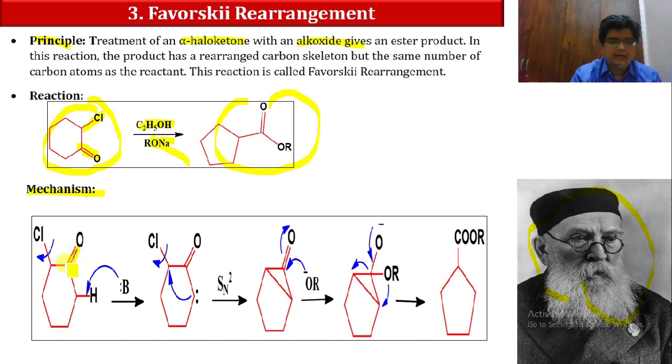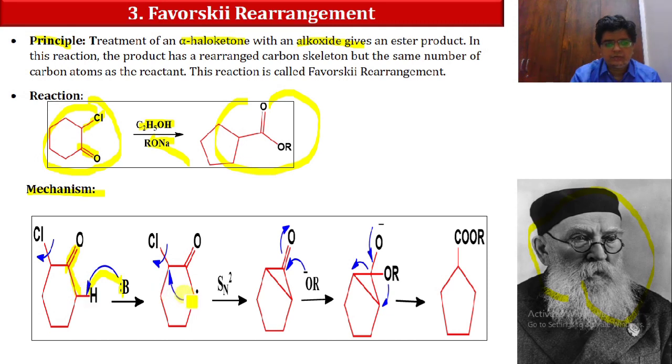Suppose you are having an alpha haloketone. As we know, this is our ketonic group. Now, adjacent to the ketonic group there is an active methylene group. When it is reacted with the base, it will accept one proton over here. So this proton will be removed and leave a negative charge over here.